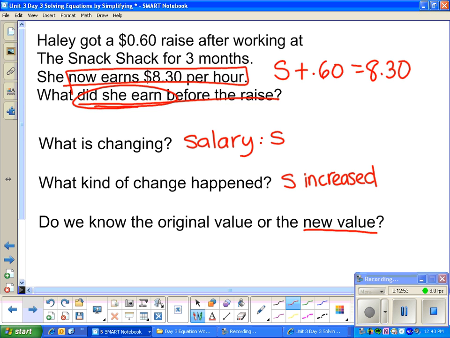How can I figure out what she used to make? It means I want to get S by itself, so I'll subtract 60 cents from both sides, and I'll end up with S is equal to $7.70. So her original salary was $7.70.